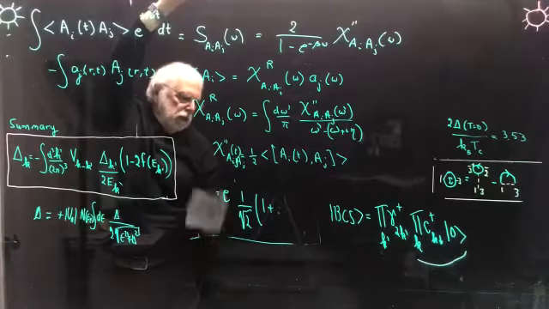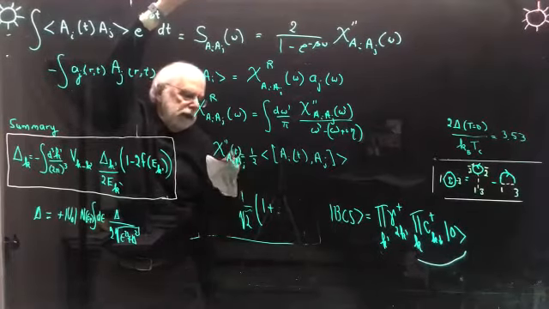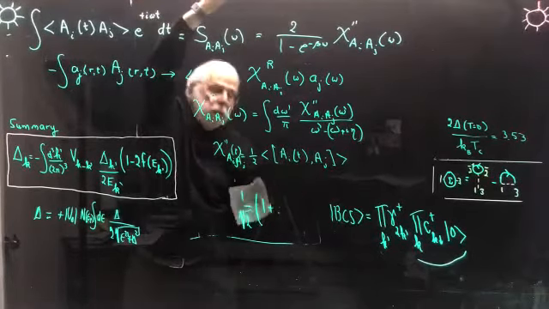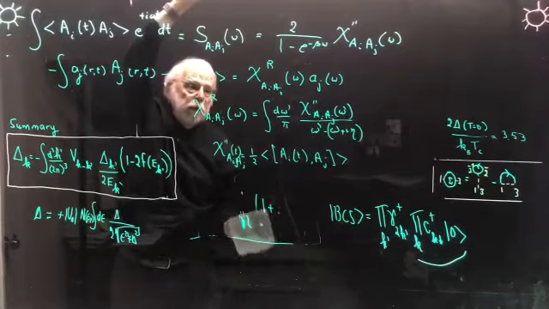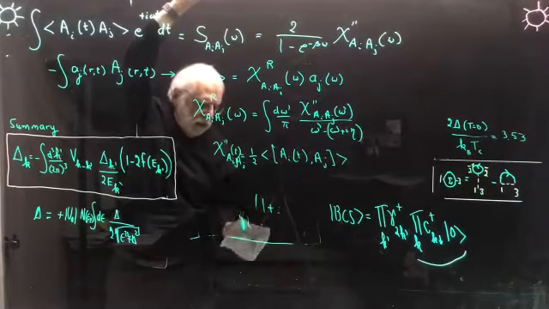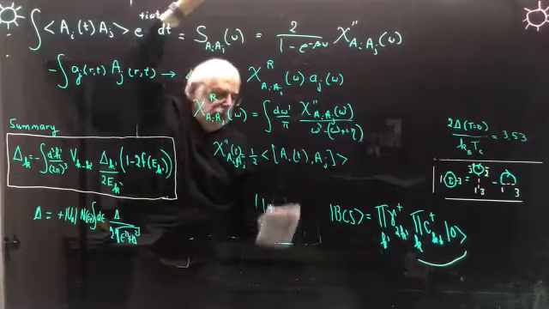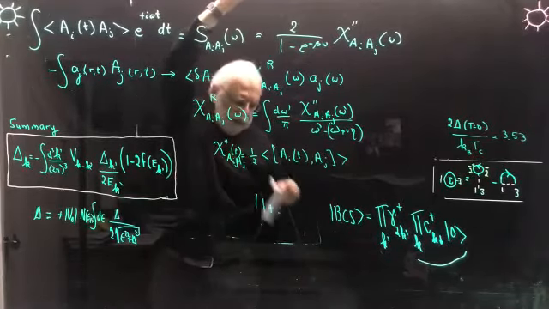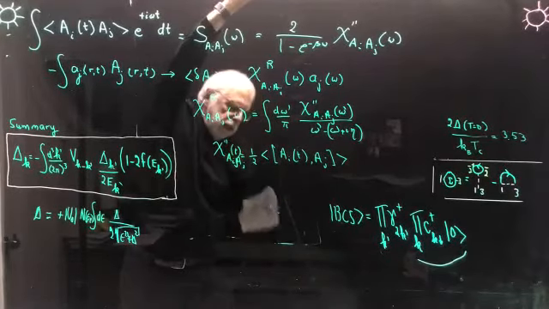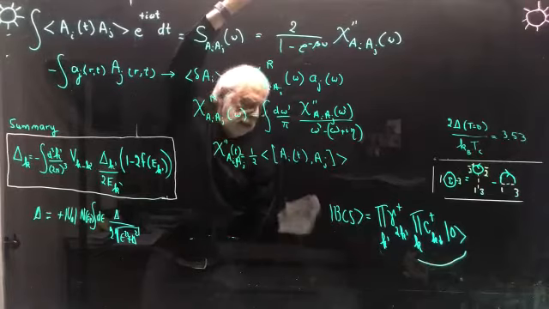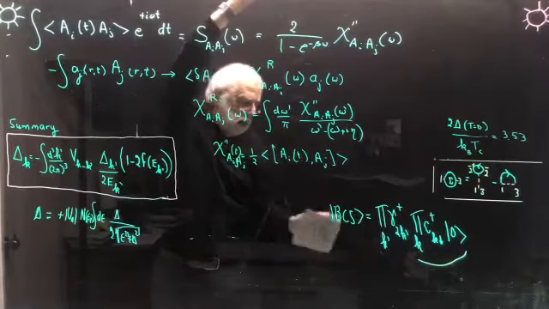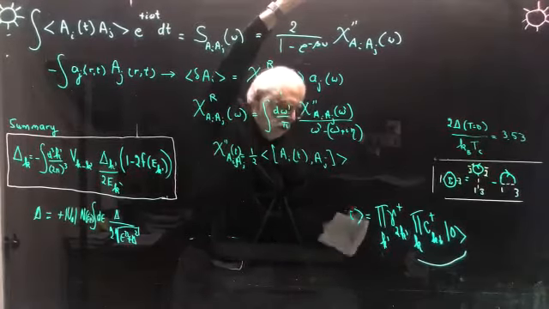Now you see that at t equals 0, this is an equal time commutator. So they are usually easy to compute. It means that the integral over all frequency of this gives equal time results that are easy to compute.